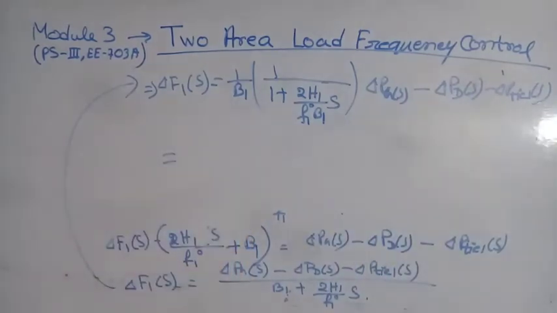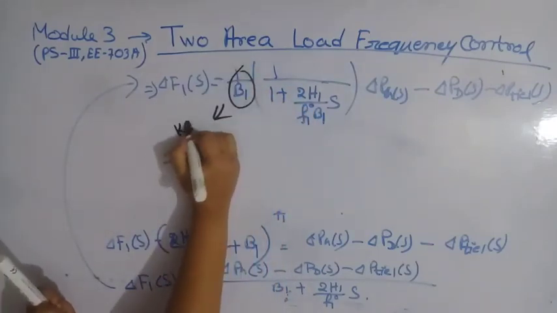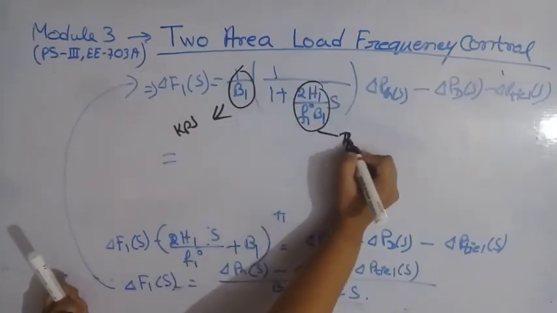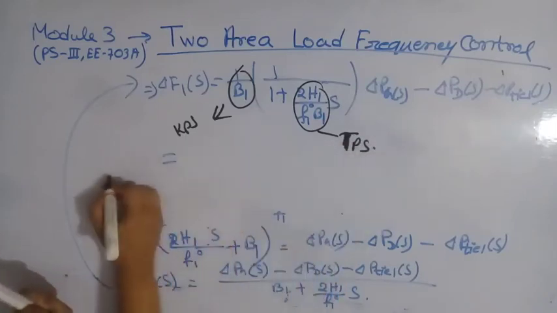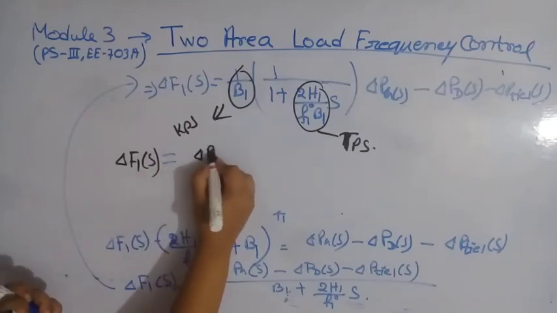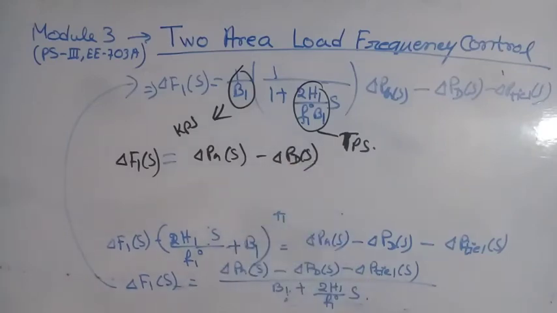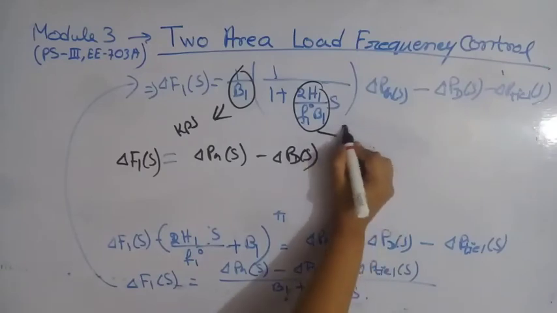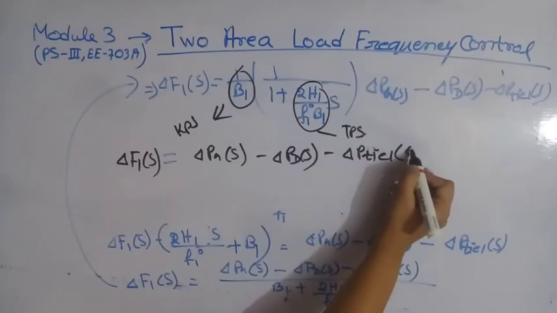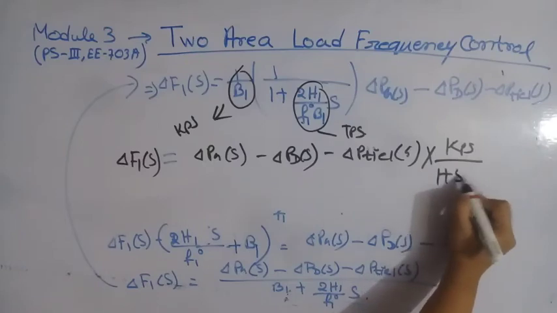Now as we know, 1 by B1 is equal to Kps and 2H1 by f10 B1 is equal to Tps. So delta f1s is equal to delta PGs minus delta PDs minus delta P tie 1 s, into Kps over 1 plus s Tps.